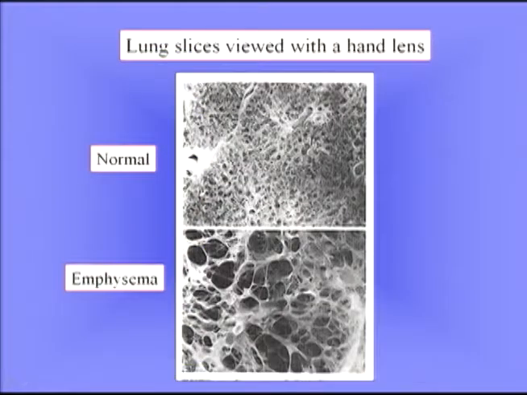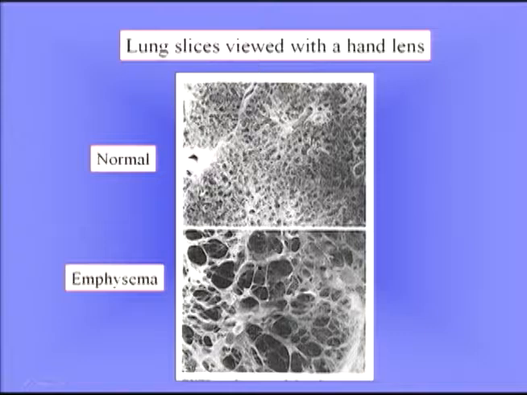And here's another one which is made in a slightly different way. The lung has been fixed and has been sliced and has been looked at with a hand lens. And in this upper image here, you can see the alveolar ducts and alveoli. The alveoli are about 1/3 of a micron in diameter. We can just pick them out at this magnification.